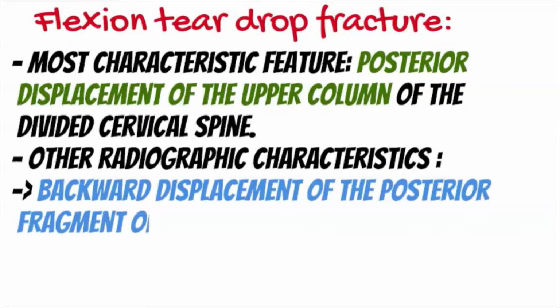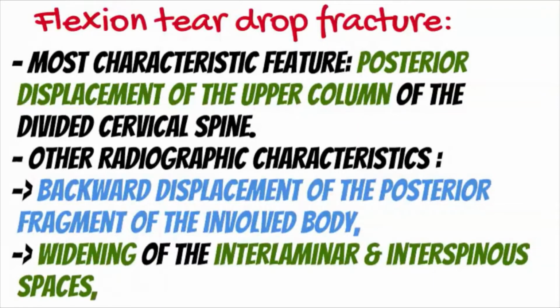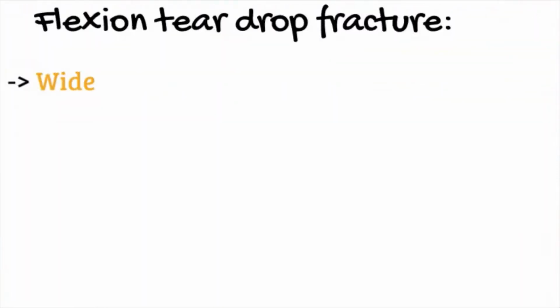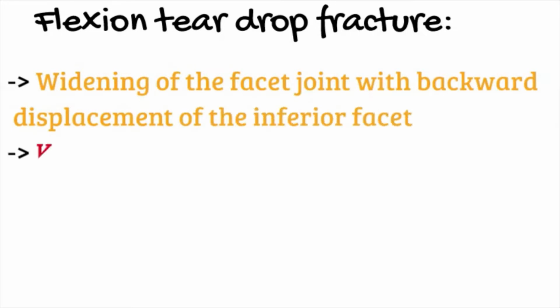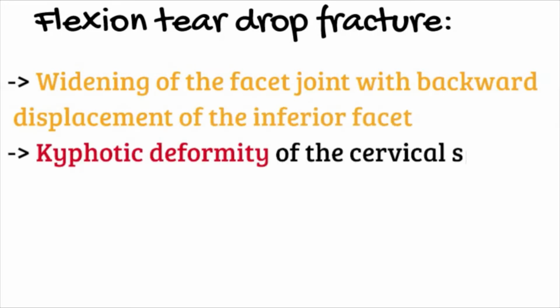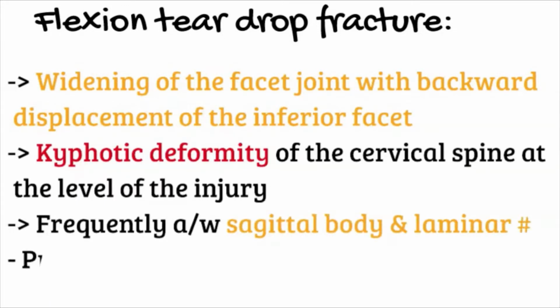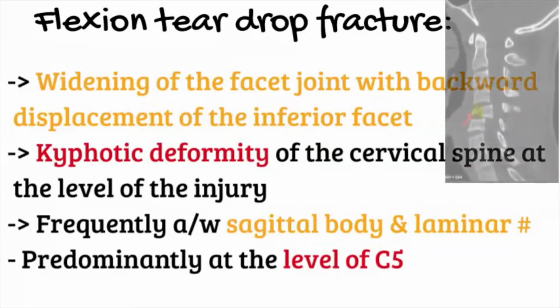Other radiographic characteristics include backward displacement of the posterior fragment of the involved body, widening of the interlaminar and interspinous spaces, widening of the facet joint with backward displacement of the inferior facet, and kyphotic deformity of the cervical spine at the level of injury. It is frequently associated with sagittal body and laminar fracture, predominantly at the level of C5.